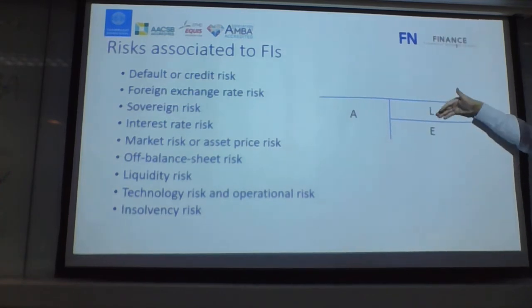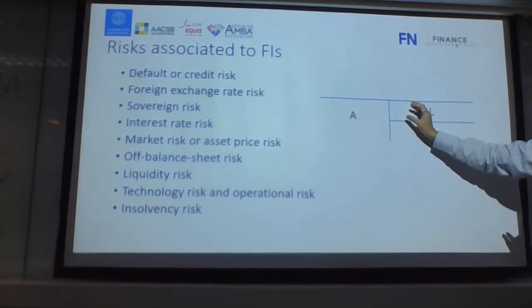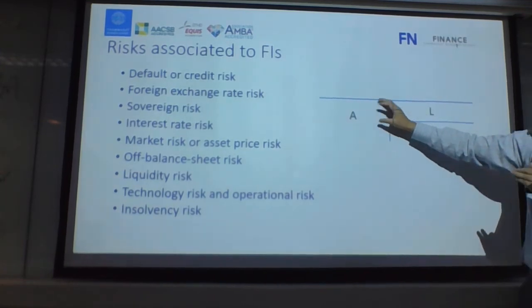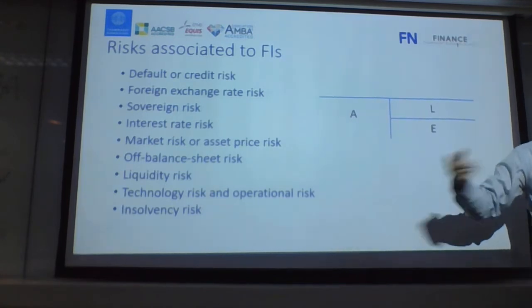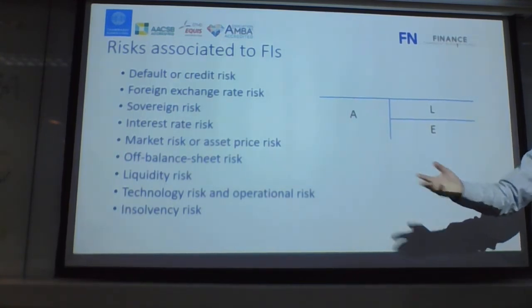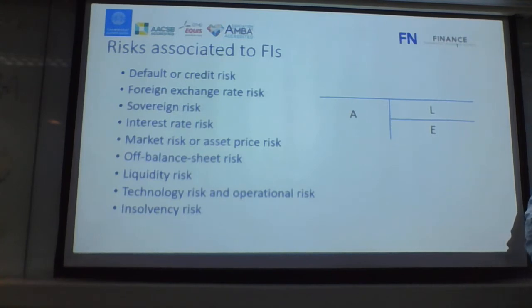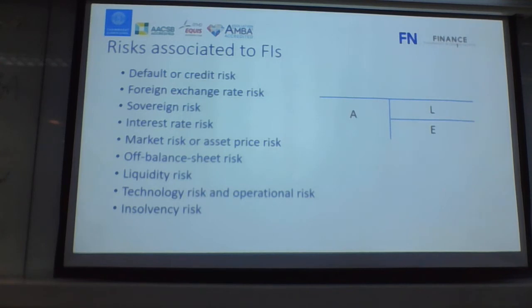You deposit the money here, and the bank uses the money from you to transform into long-term assets, such as mortgage loans, household loans, and business loans. Mortgage loans take 20 or 30 years. When people borrow money from the bank, it will take 20 years or so to pay back.